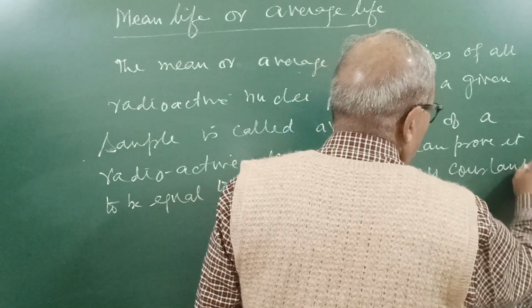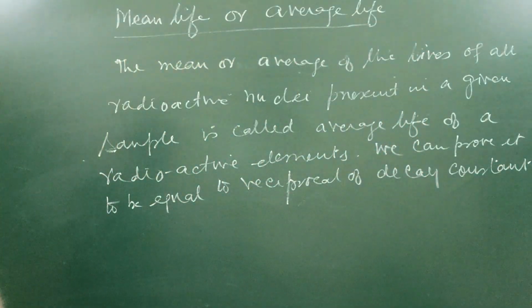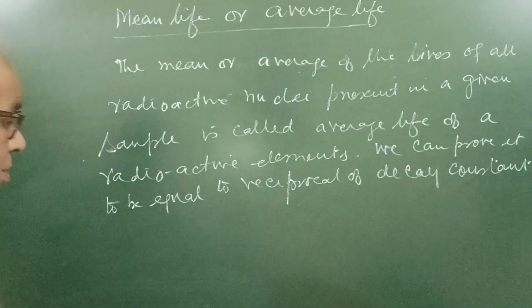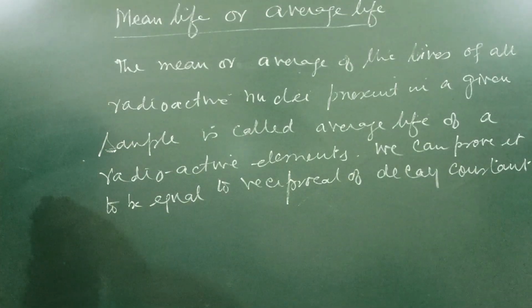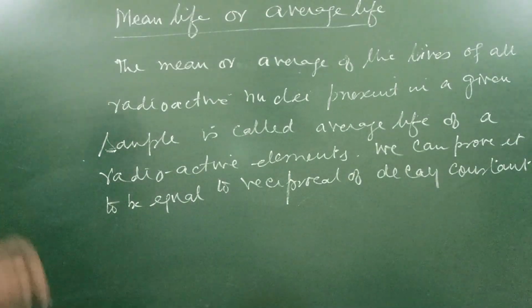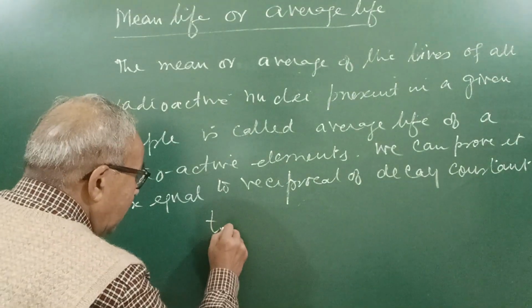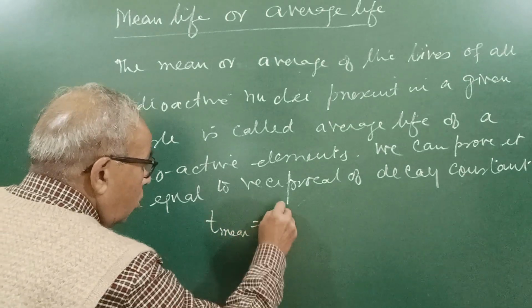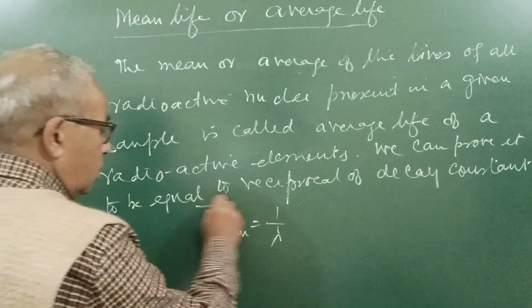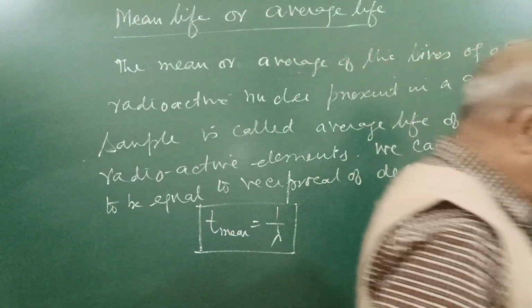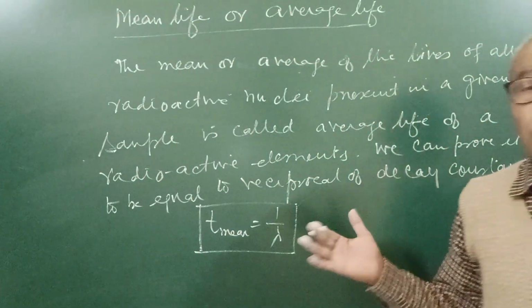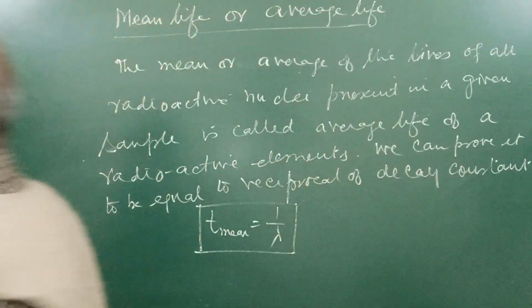Actually, that proof requires integration which biology students are unable to tell. So once here the question was there, define mean life or average life. So T mean equal to 1 upon lambda. We can prove it mathematically, but you must know because somewhere you may be asked.